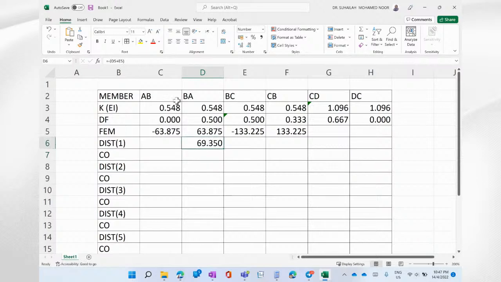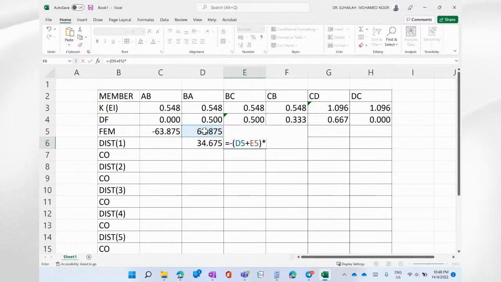So this one we have to multiply with the distribution factor, and again times the factor.